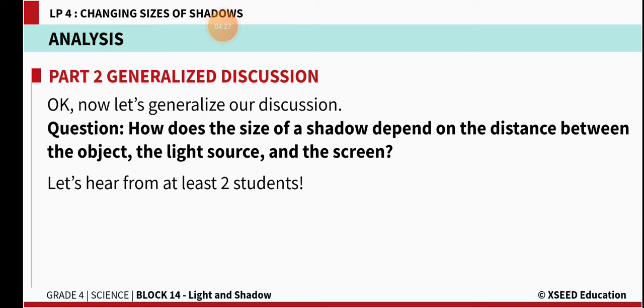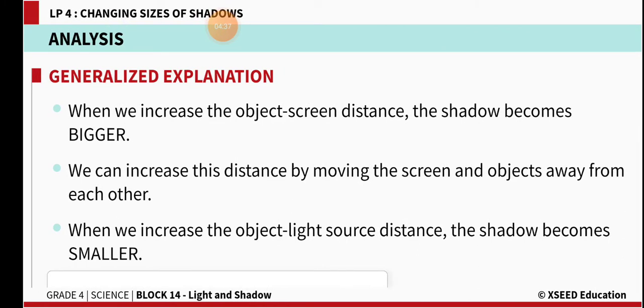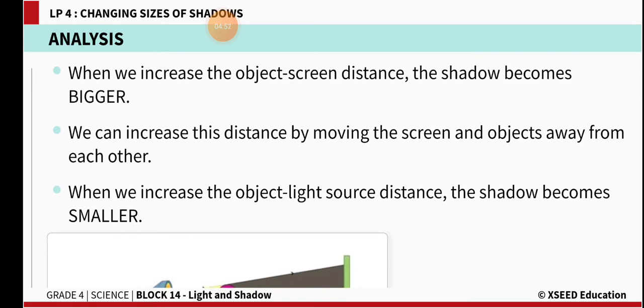How does the size of a shadow depend on the distance between the object, the light source, and the screen? Just now you saw that when we increase the object-screen distance, the shadow becomes bigger. We can increase this distance by moving the screen and the object away from each other.